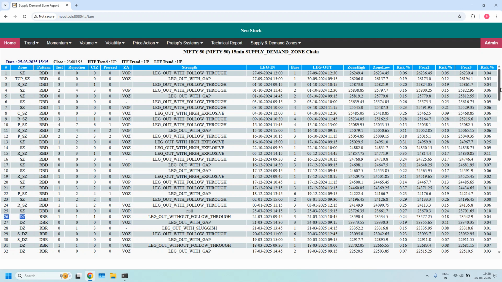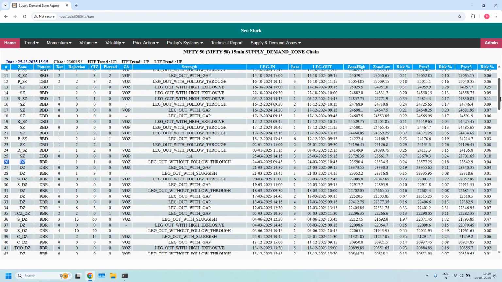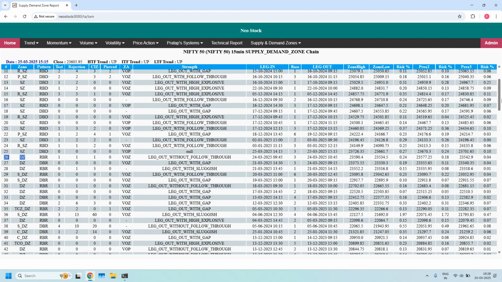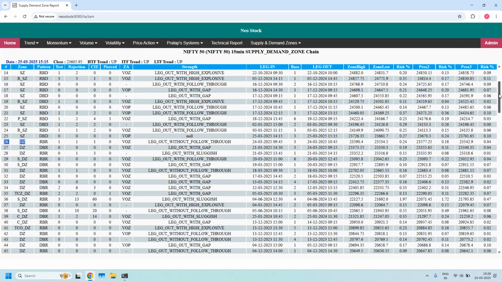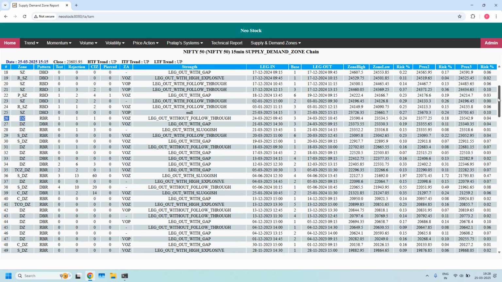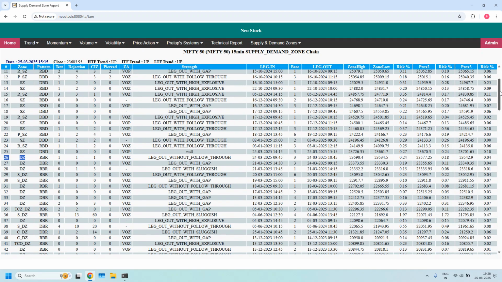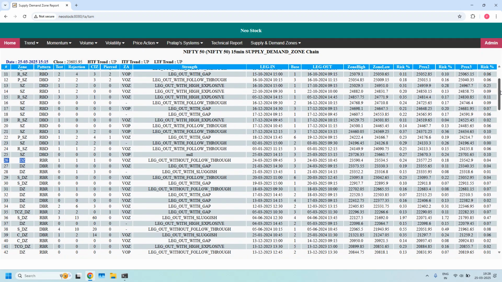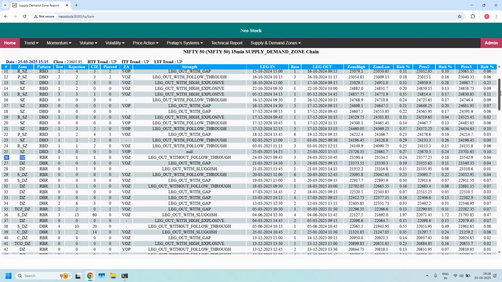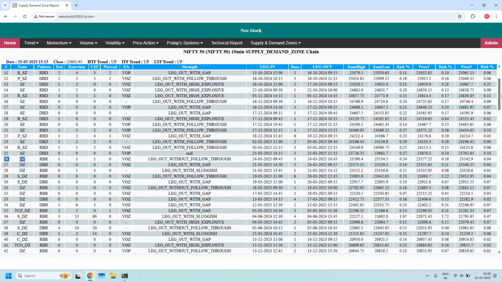Let me adjust in the center. Okay. So this is about 15 minutes supply demand zone chain for NIFTY.